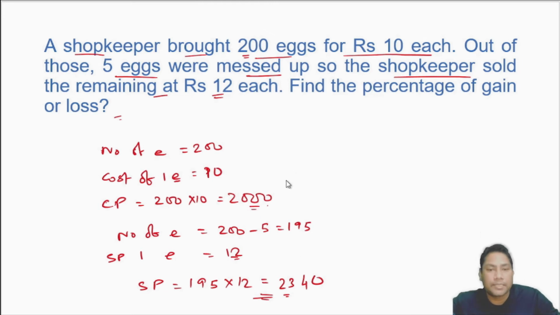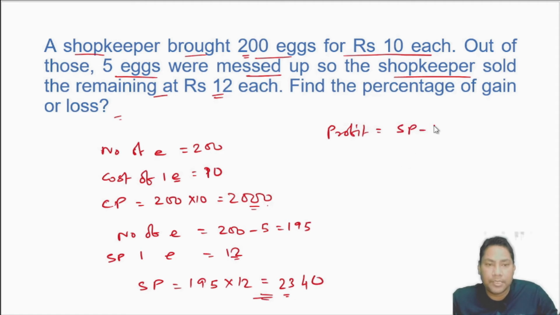So the selling price is more than cost price, so there will be profit. Again the amount of gain will become selling price minus cost price, that is 2340 minus 2000, which is 340 rupees.